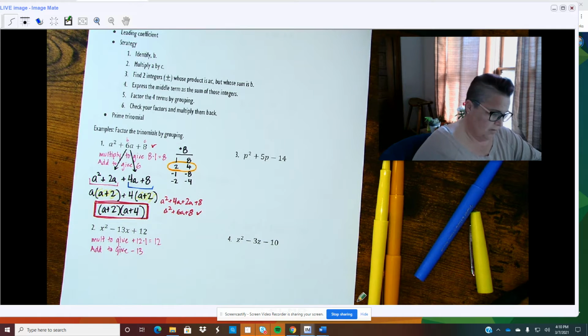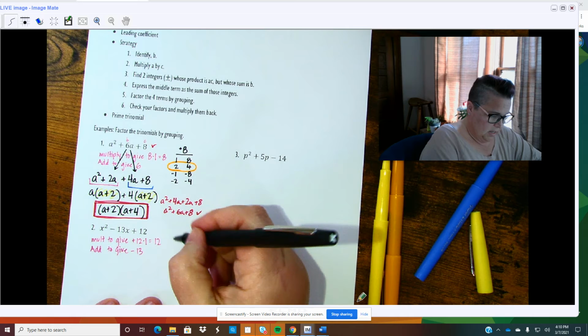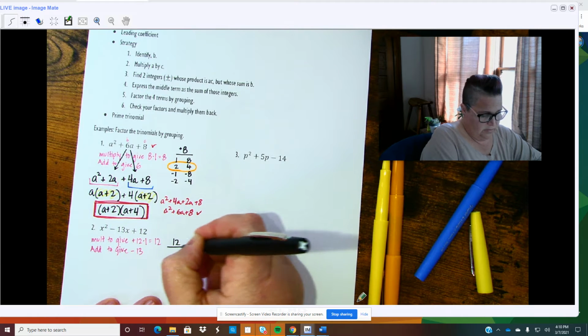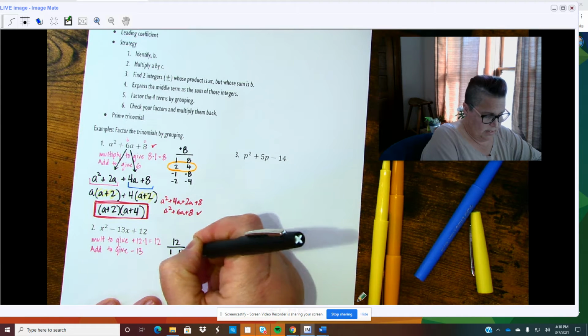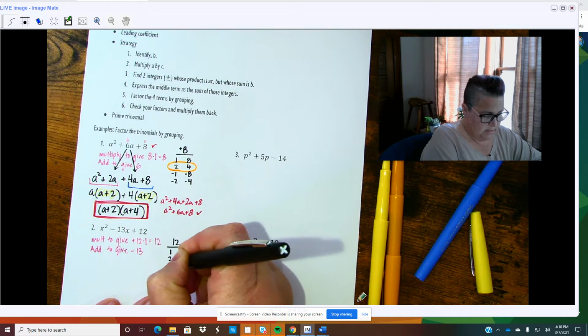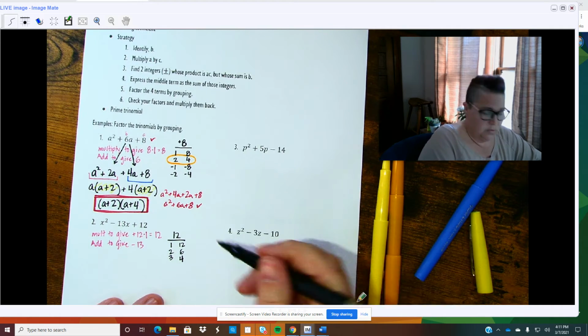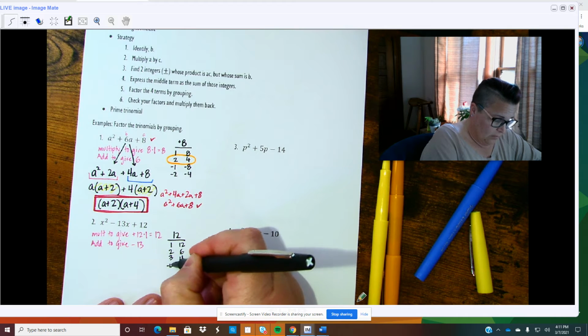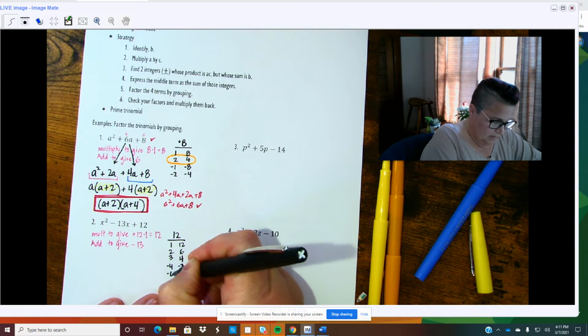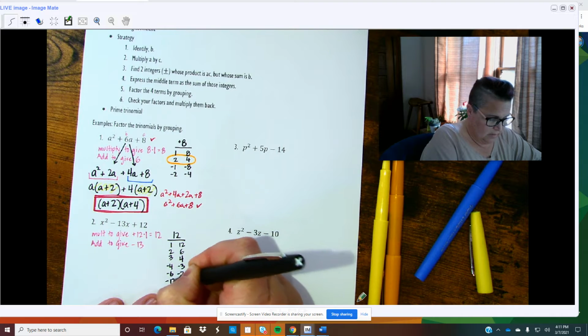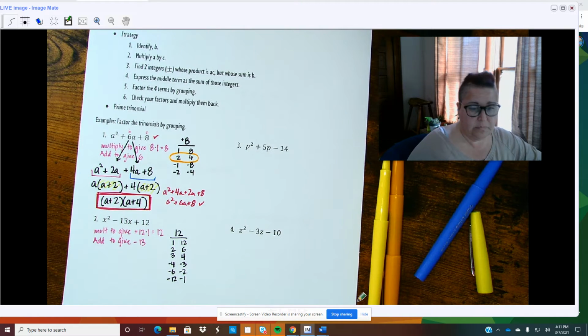Okay, so if I'm writing this out, I'm doing a 12, and I'm going to do the factor pairs of 12. That's a 1 and a 12, a 2 times 6, and a 3 times 4. And then I could do them as negatives, a negative 4 and a negative 3, a negative 6 and a negative 2, and a negative 12 and a negative 1.